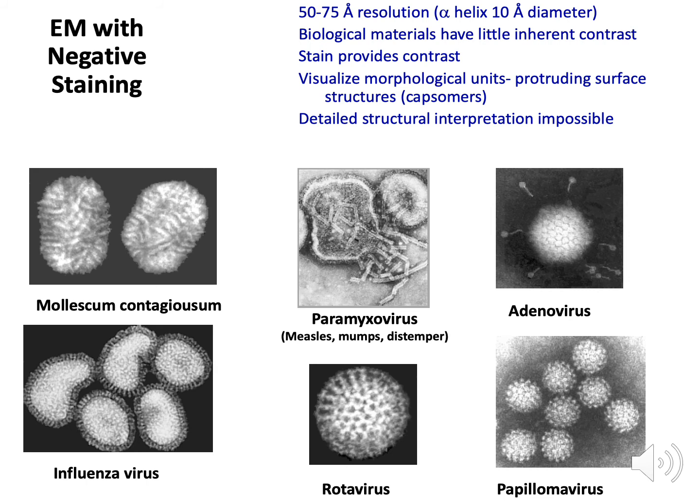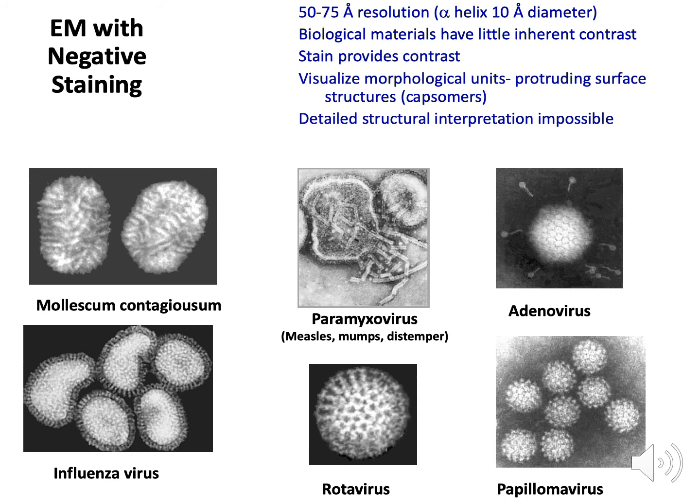This is not giving you detailed structural knowledge, but you can see that the viruses differ dramatically. So influenza virus has this sort of amorphous, polymorphous shape. They don't all look the same. That's an enveloped negative strand RNA virus.